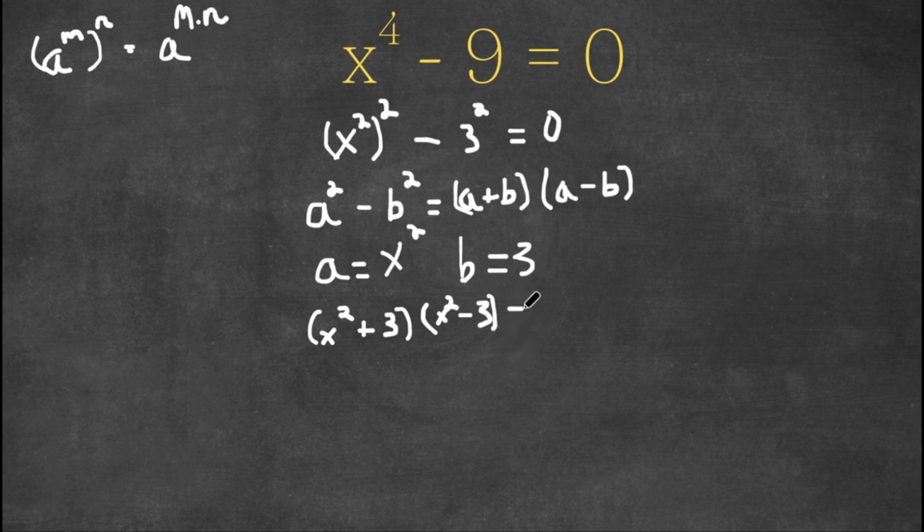So now this equals 0. And now this gives us two equations. We have x squared plus 3 equals 0, and x squared minus 3 equals 0.